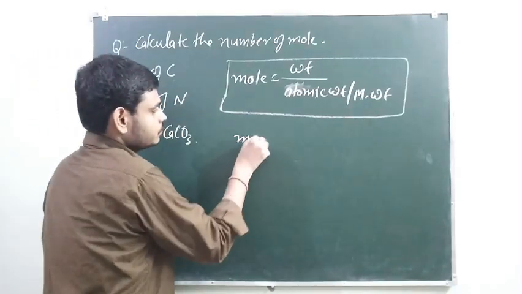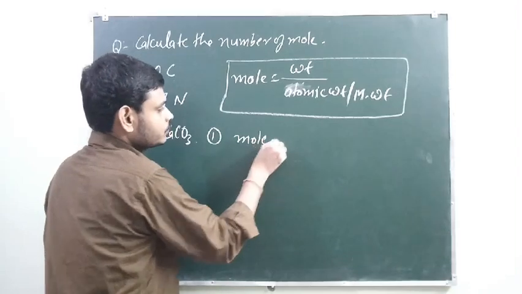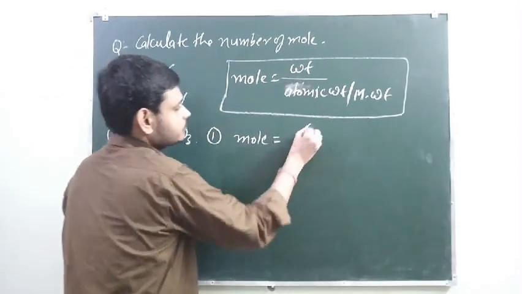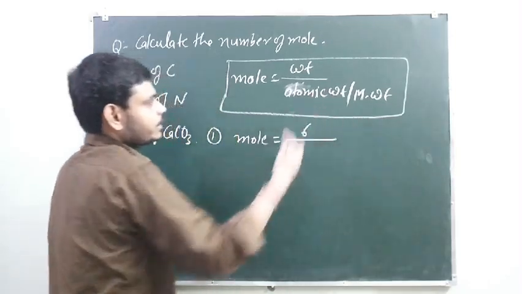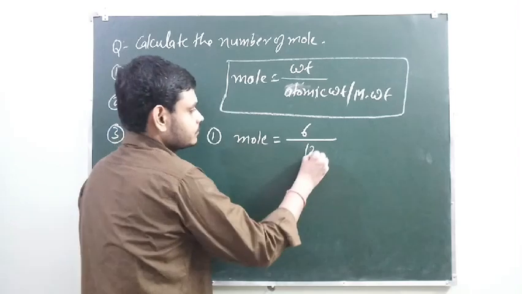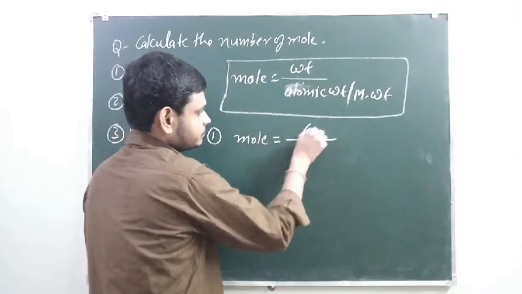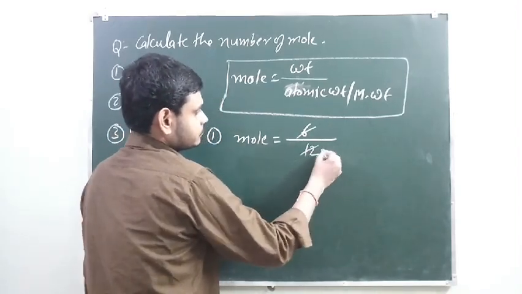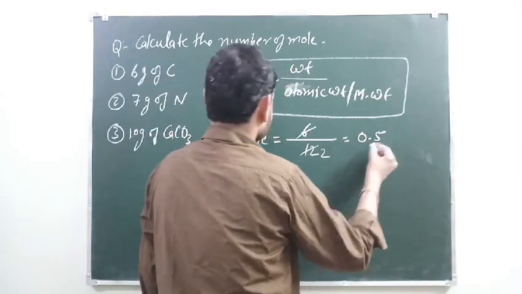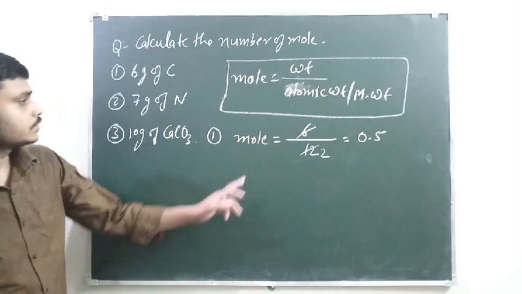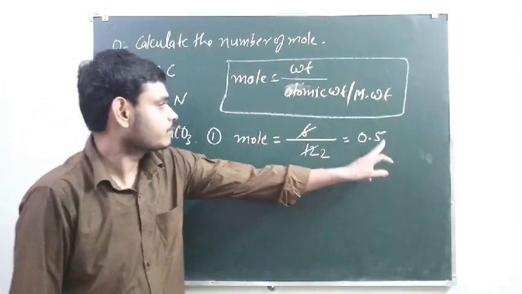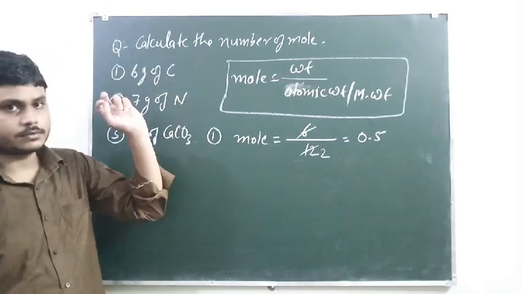Mole is equal to weight of carbon, which is 6 gram, divided by atomic weight of carbon, which is 12. That is 0.5.